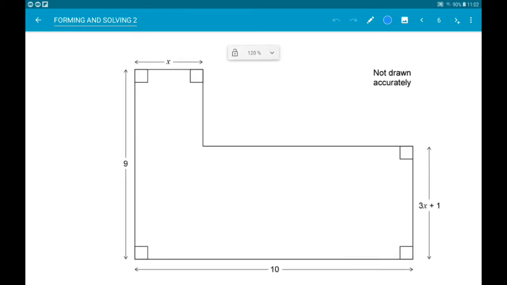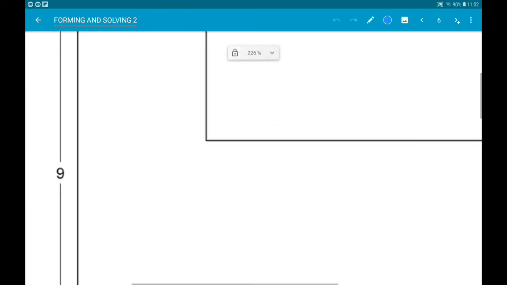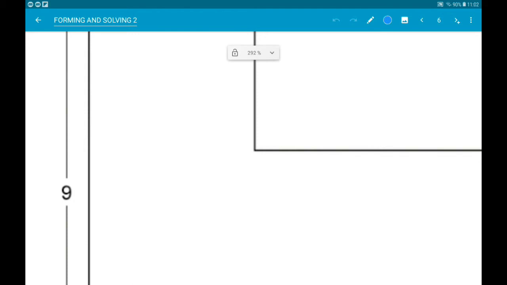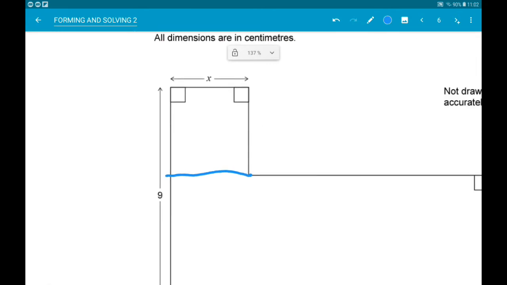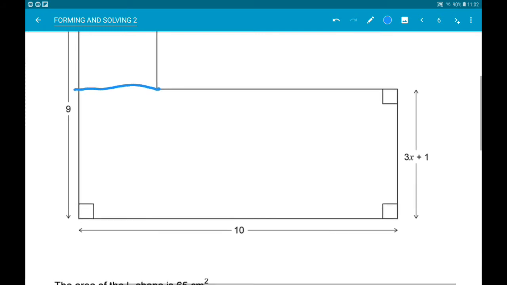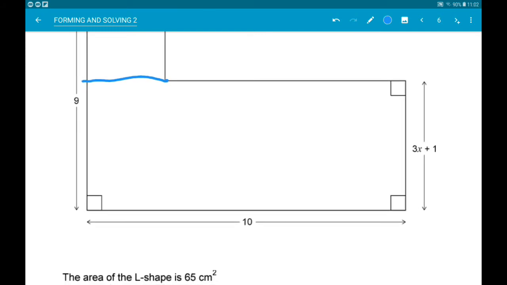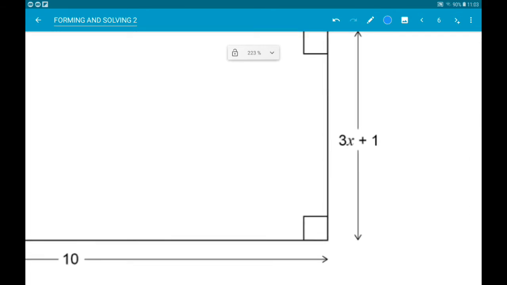So, we are going to split this L shape into a big rectangle on the bottom and then the smaller one on top. So, the big guy has a length of 10 and a height of 3x add 1.